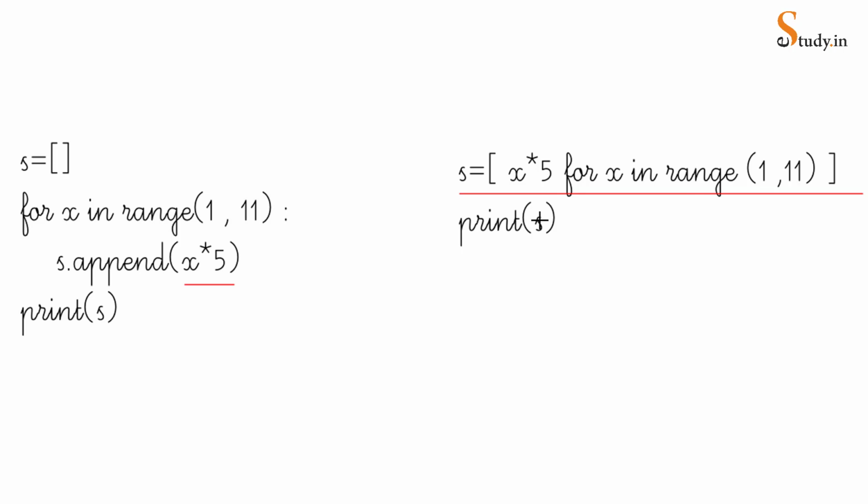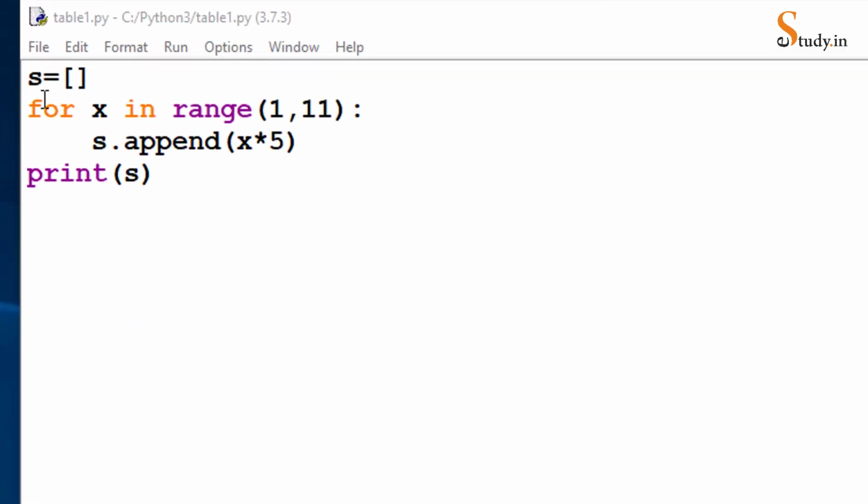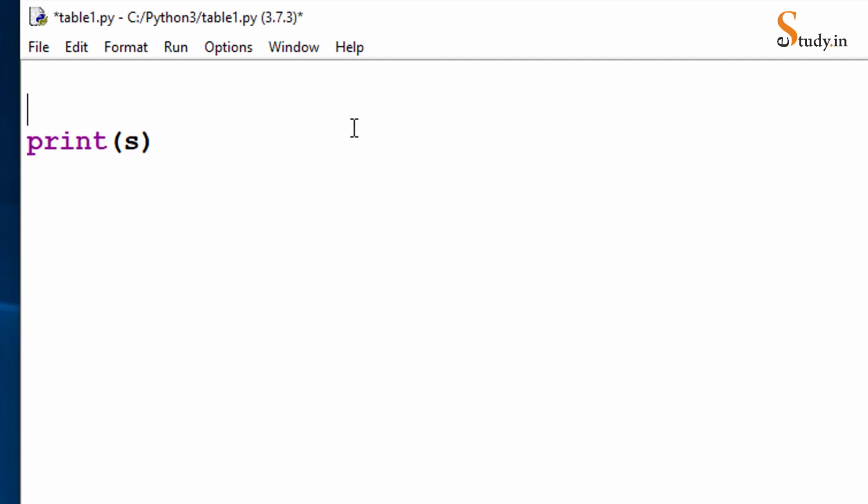So we'll get the same output. Let's try this. Here let's remove this, and instead what we have is s is equal to square brackets. Here we will write the expression x into 5 for x in range 1, 11.